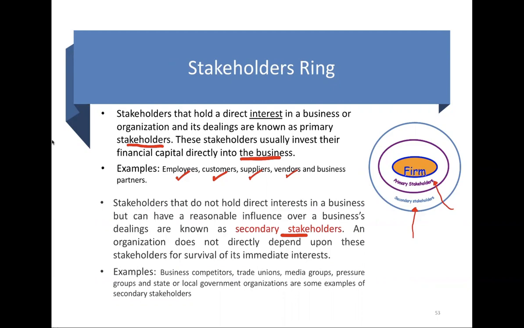Examples of secondary stakeholders, who don't hold a direct interest in the business but still have reasonable influence, are business competitors, trade unions, media groups, pressure groups, and maybe local government organizations. So step number one in stakeholder analysis is identifying stakeholders using the stakeholder log.